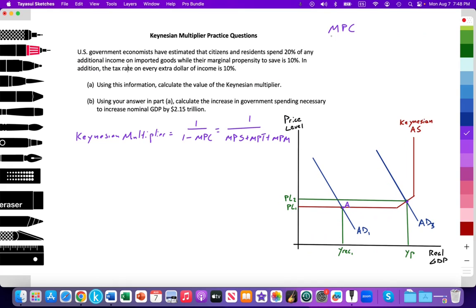So you will either get the marginal propensity to consume, or you will get the marginal propensity to save, the marginal propensity to tax, and the marginal propensity to import.